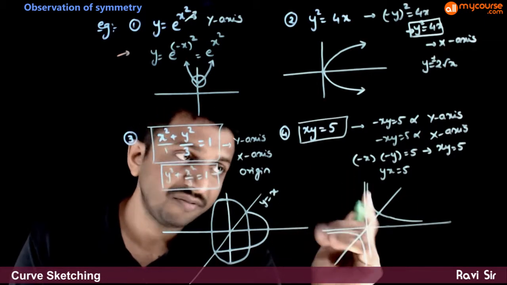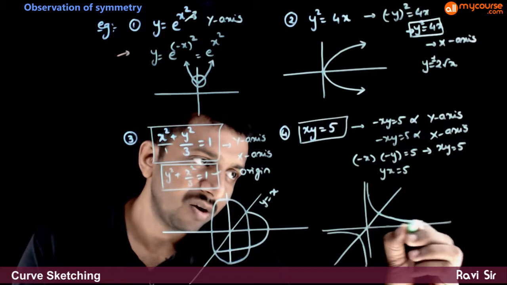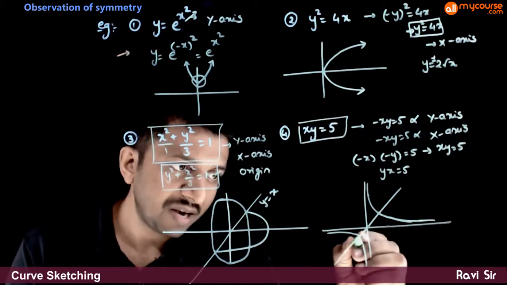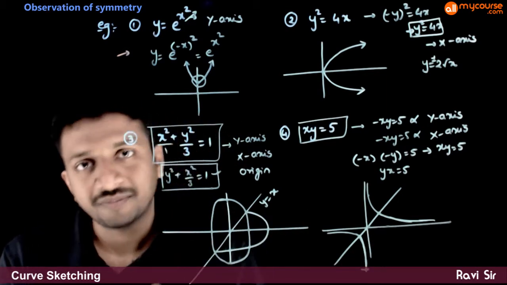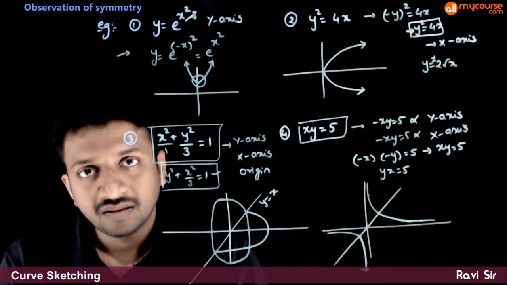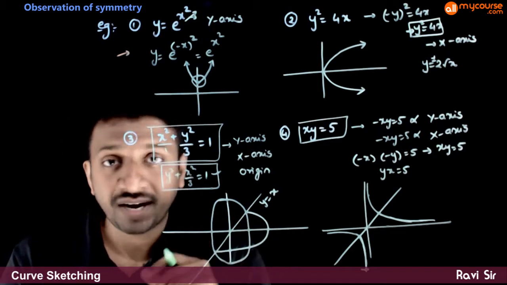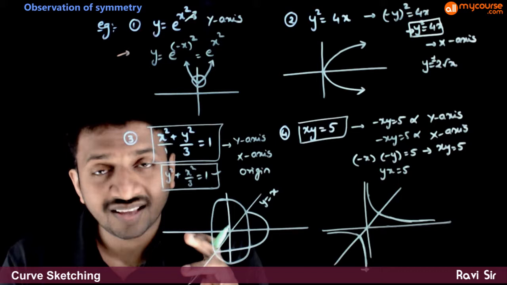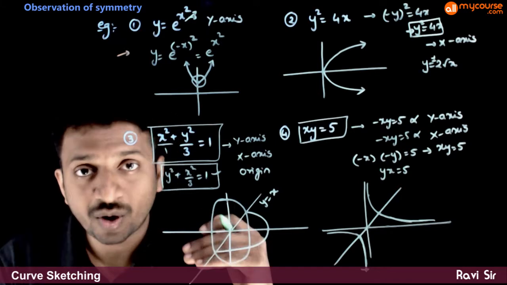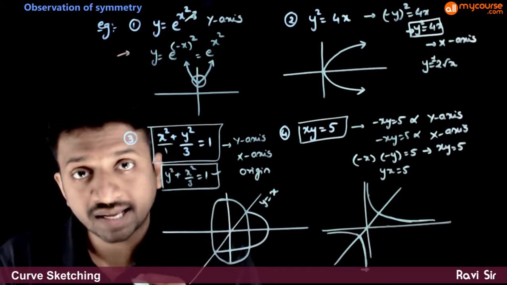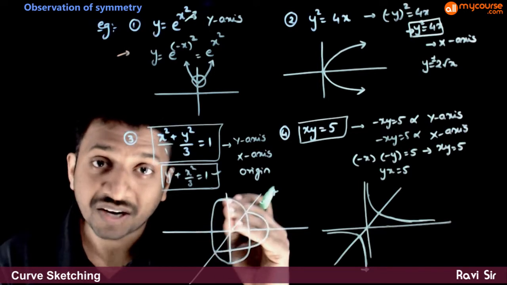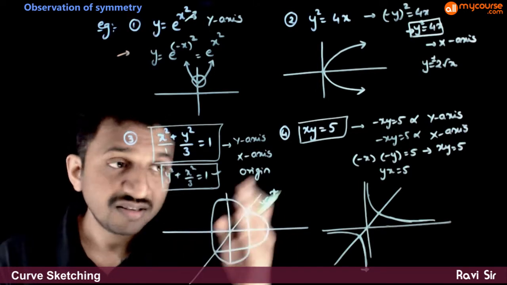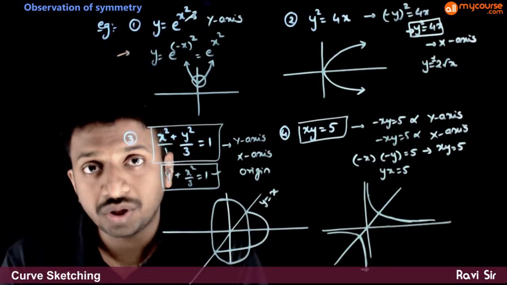So if you fold, this part will exactly overlap on this part. So I hope you're understanding how to find whether the graphs are symmetric about the x-axis, symmetric about the y-axis, symmetric about the origin, symmetric about the line y is equal to x.